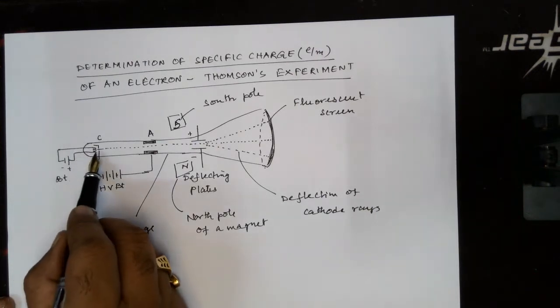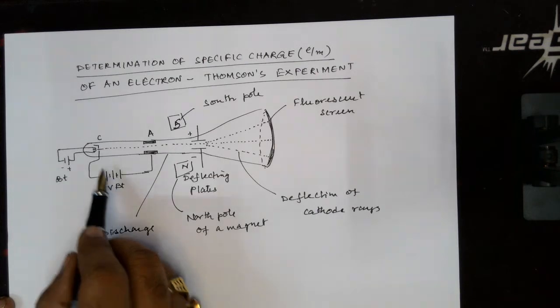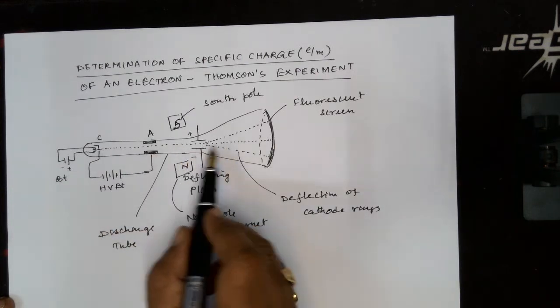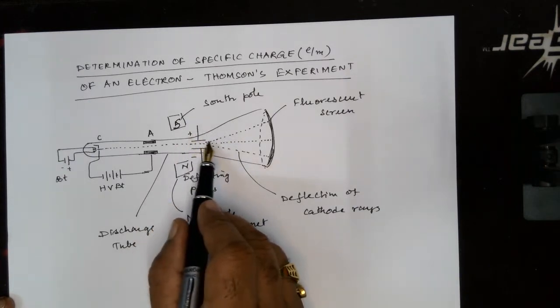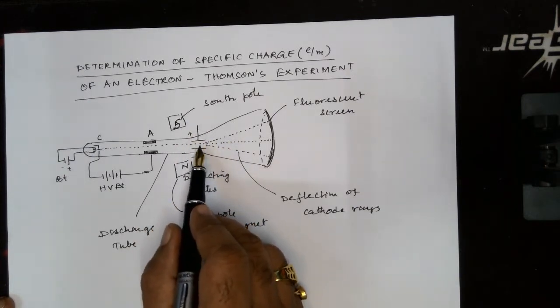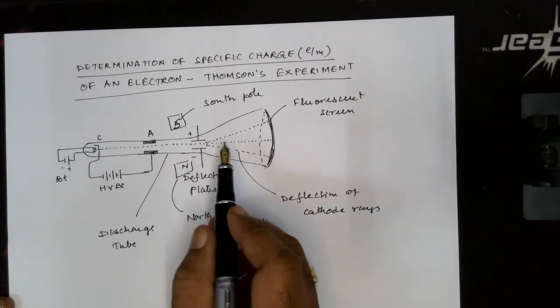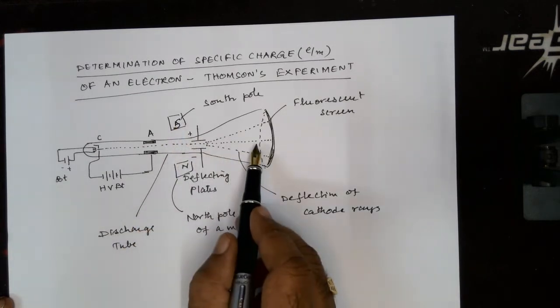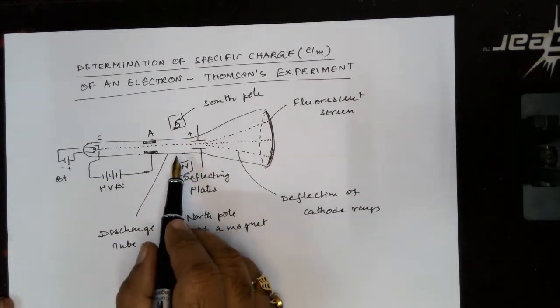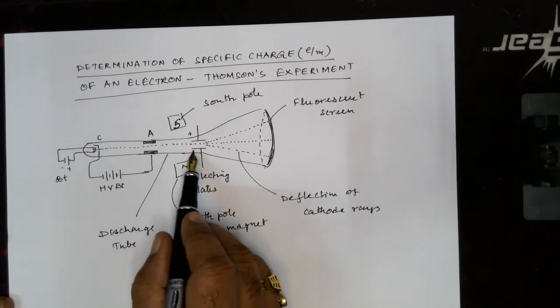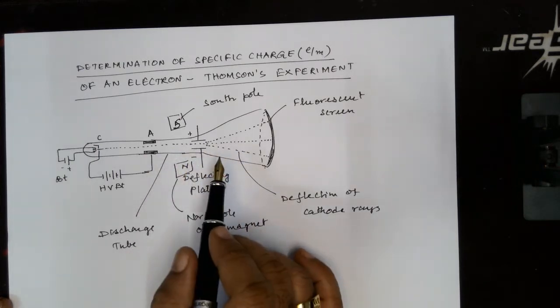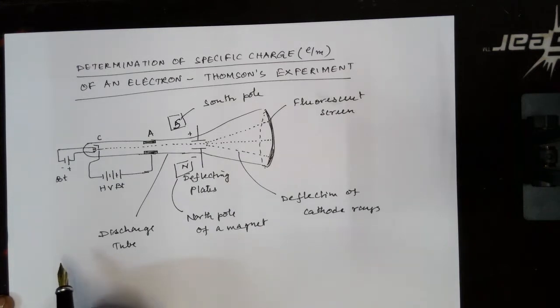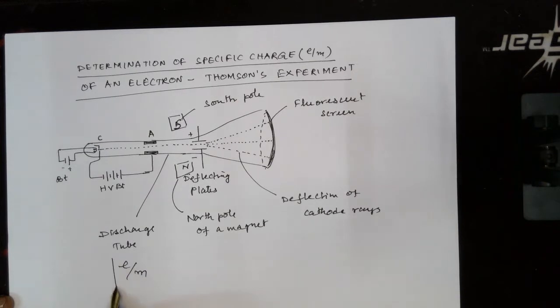So the cathode rays are generated from the cathode and they are passed through these deflecting plates whose charges, poles can be changed as plus and minus and vice versa, and also it is getting deflected by the magnetic field. So by the variation of electric and magnetic fields, we are going to find out the specific charge, which is called e by m.